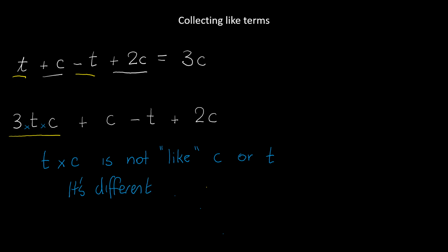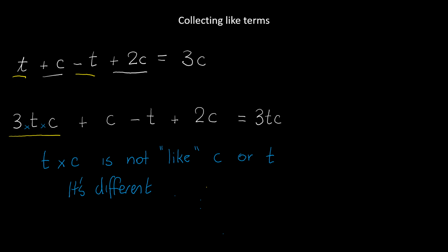So when we go collecting the like terms, 3TC is one type of term, C is another type of term, and T is another type of term. So let's collect all the like terms. We've got 3 lots of TC.